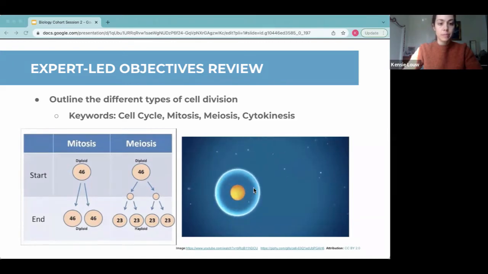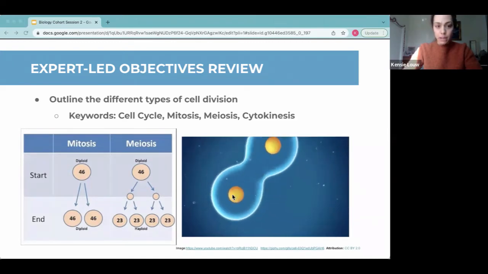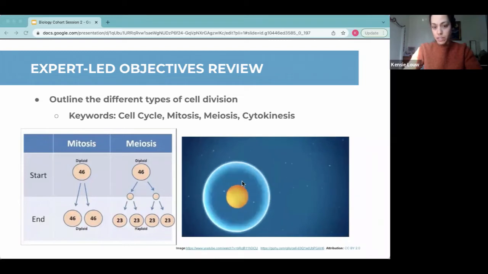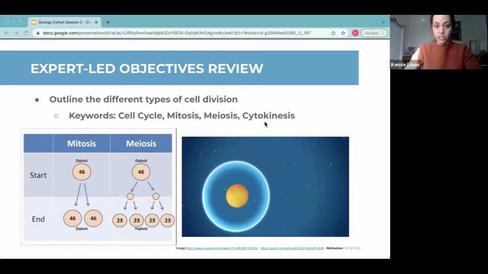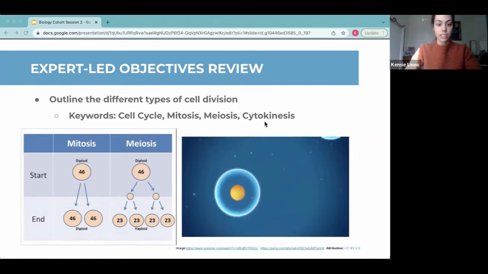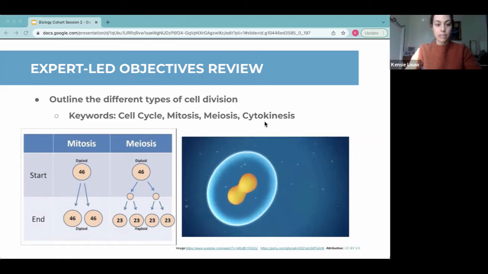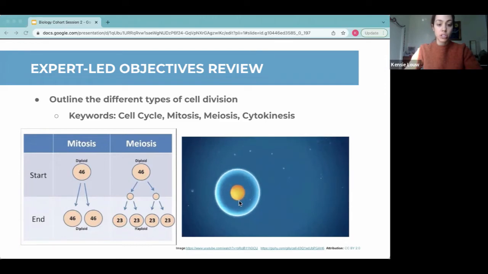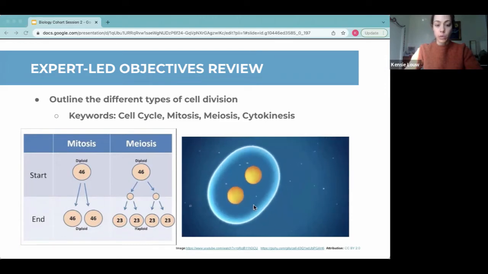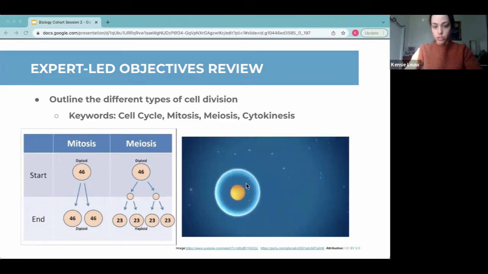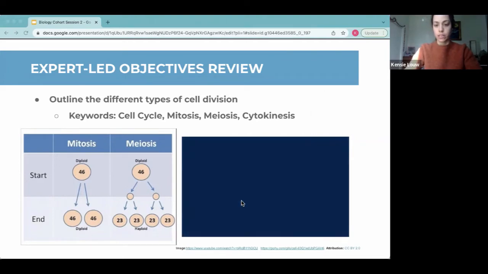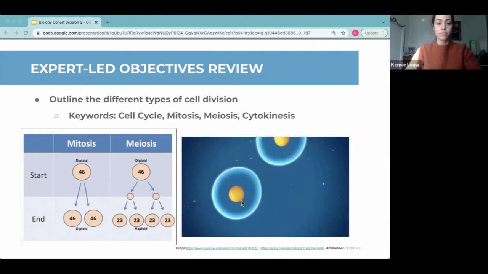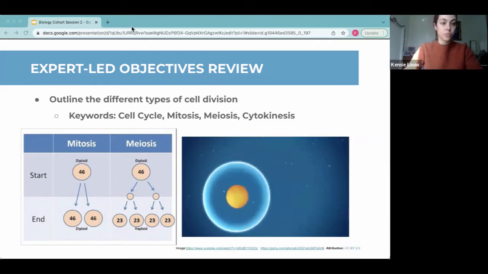So the mitosis or meiosis is happening when the yellow circle in the center divides in the nucleus. And then next, cytokinesis is division of the rest of the cell, all of the organelles in the cytoplasm. So again, in this animation, cytokinesis is when this entire blue circle splits into two, and then it results in two cells, which are called two daughter cells.